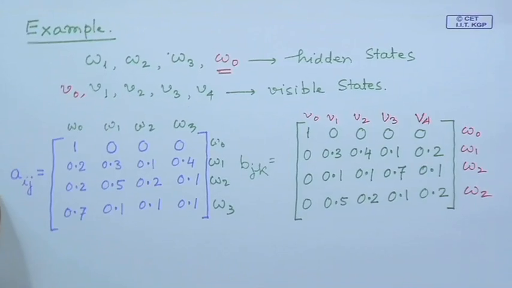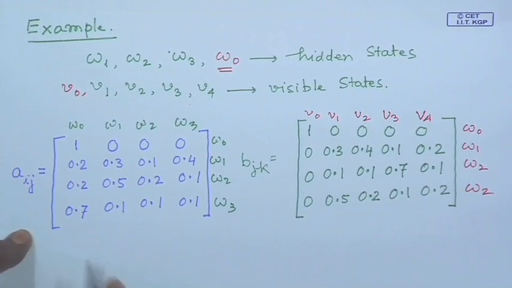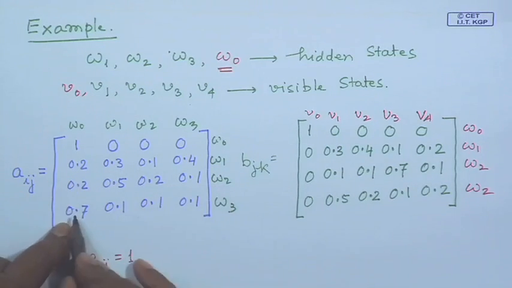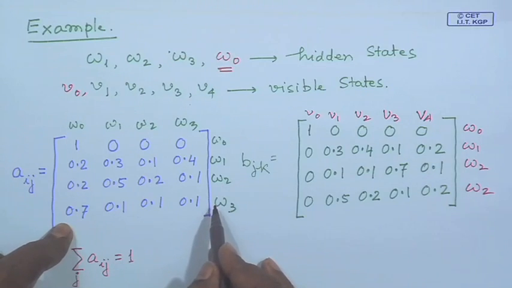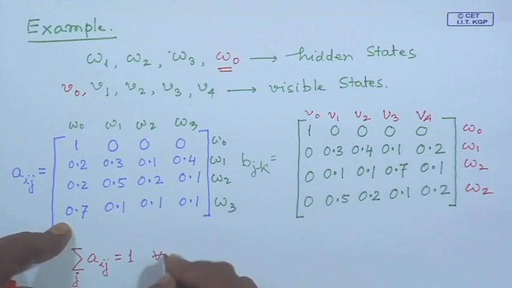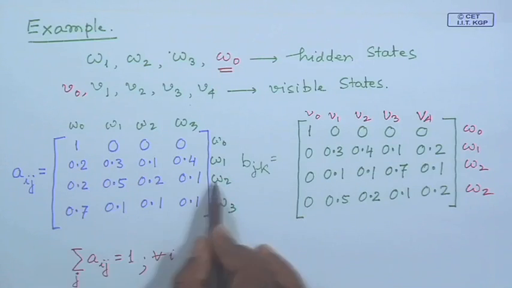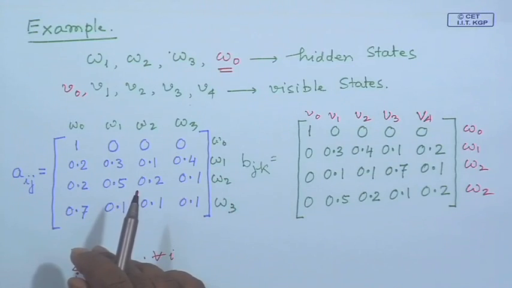And we had also put two more constraints. We had said that the sum of A i j has to be equal to 1 when you take the summation over j. So, here you find that if you take the sum of any of the rows, the sum will be equal to 1 and this is true for all i. That means, for all the rows this has to be true. Sum of the transition probabilities in a particular row is always equal to 1.